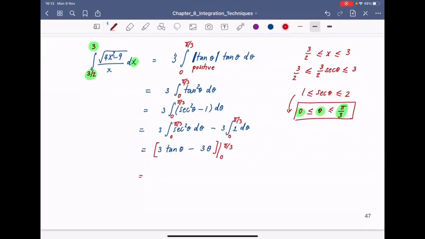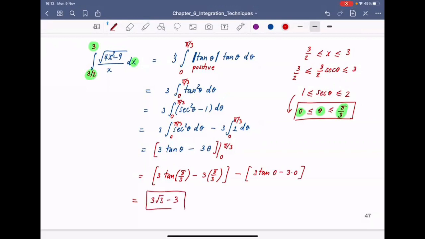You plug that in, so you're going to get 3 tan of pi over 3 minus 3 times pi over 3, and then minus 3 tan 0 minus 3 times 0, which is going to be 3 square root of 3 minus, everything else is 0.